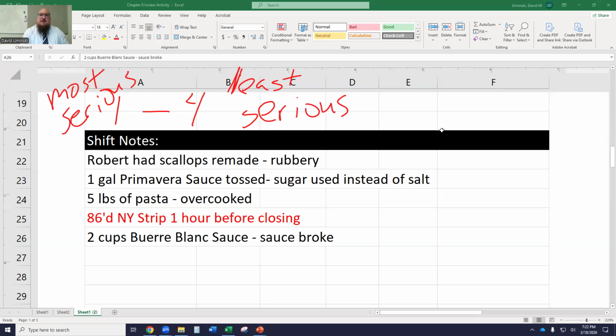The scallops that were remade, the gallon of primavera sauce, 5 pounds of pasta that were overcooked, and 2 cups of beurre blanc sauce. So I'll just give you about a minute to make your decision about what is number 1. If you all are in chat, if you want to type your answers, just list your number 1. It can be number 4, or you want to list your whole 1, 2, 3, 4. That's fine too.